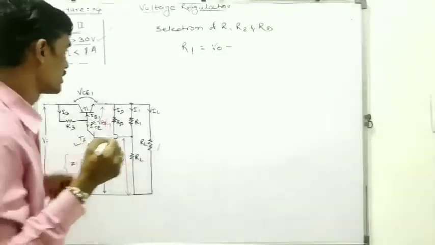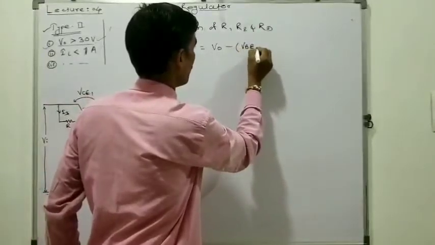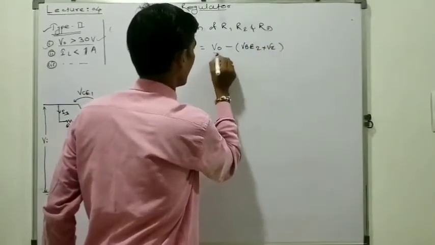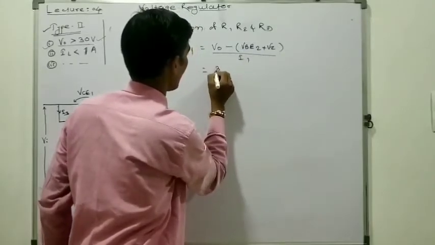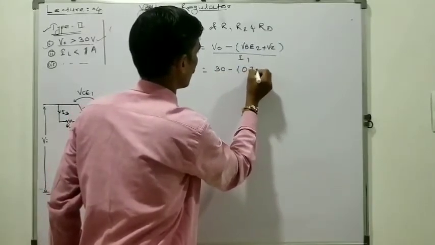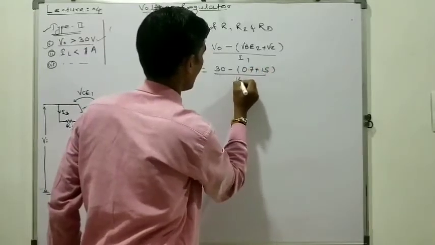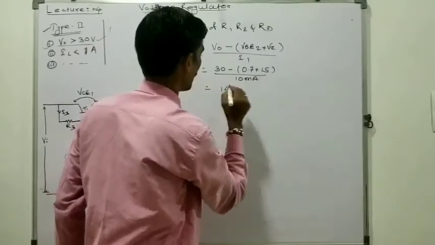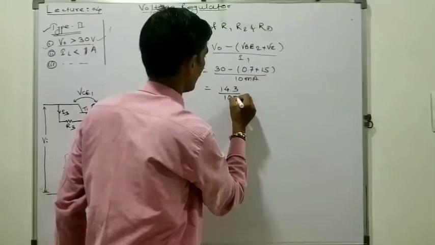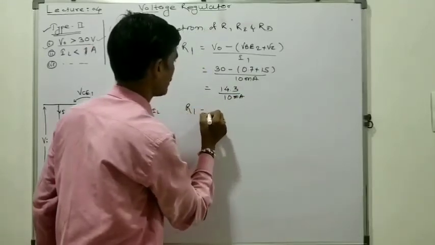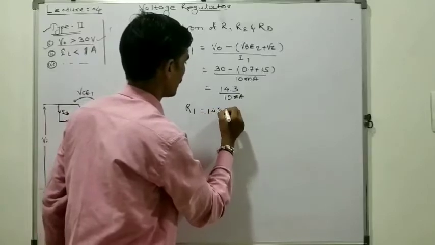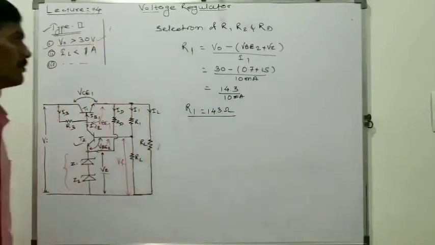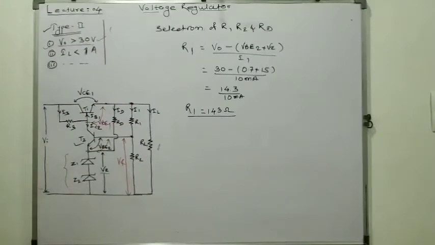So this is 30 minus 0.7 plus 15, divided by I1, which is 10 milliampere. So again this is 14.3 divided by 10 milliampere. So R1 equals 143 ohm. So this is the value of R1.